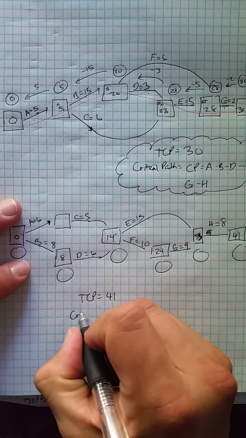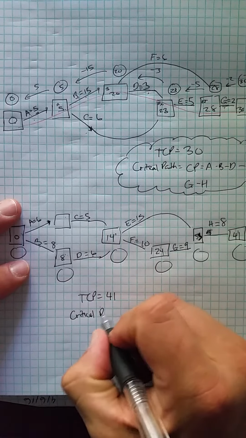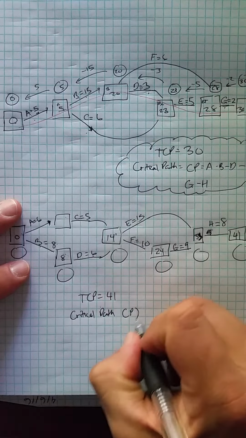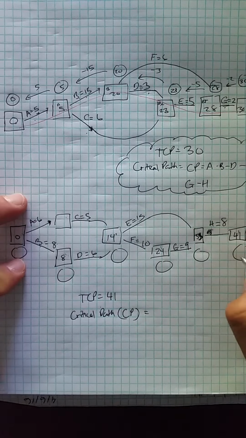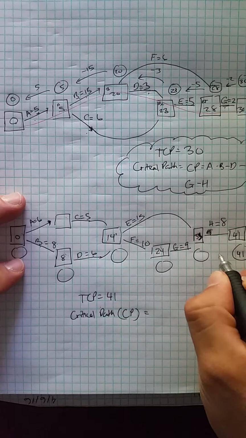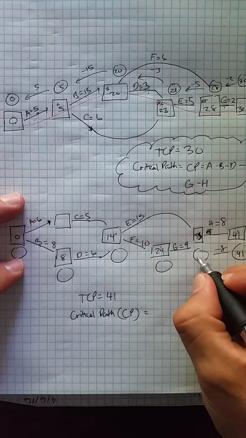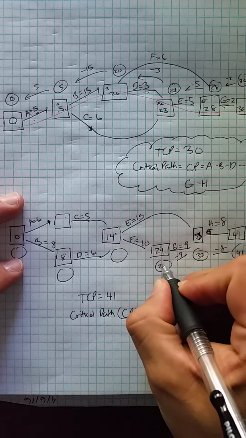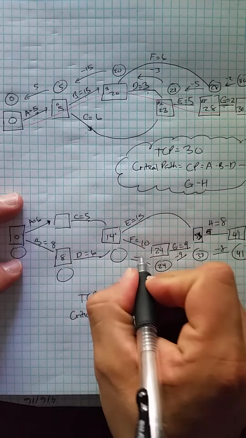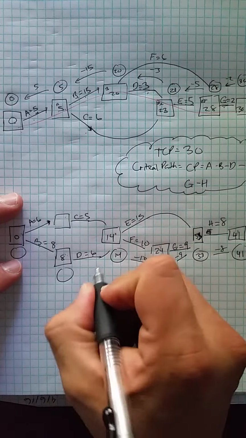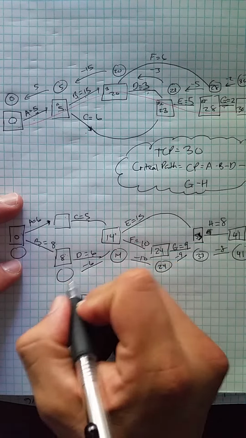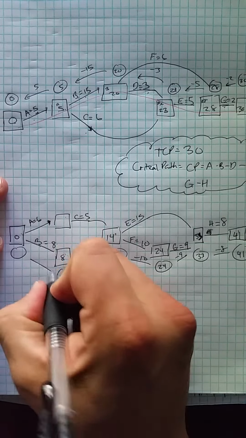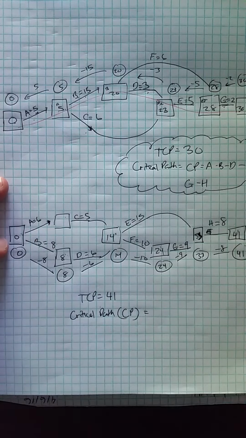Now we're going to check the critical path. We start with 41, and then minus 8 is 33, minus 9 is 24, minus 10 is 14, minus 6 is 8, minus 8 is 0.